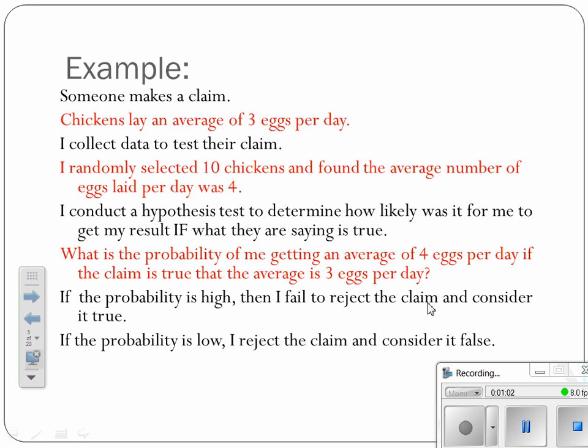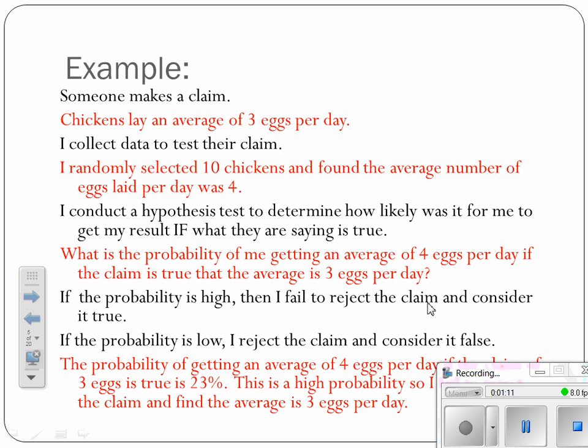If it's very unlikely that I got 4 if I was supposed to get 3, then I will reject their 3. So let's say the probability of me getting 4 eggs per day, if I was supposed to get 3, is about 23%. So about 1 out of every 4 samples that I would do would get 4 eggs. That's not that unlikely.